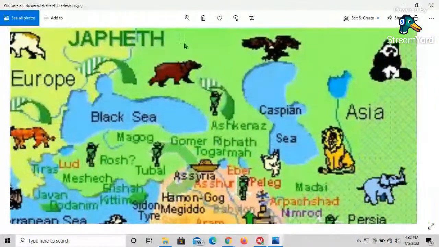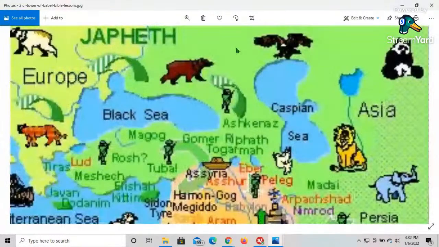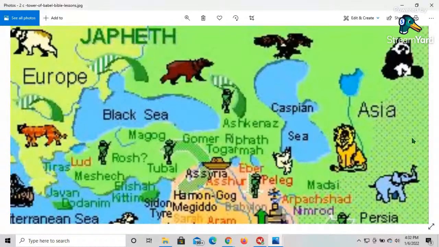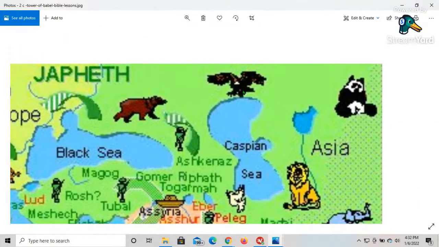Japheth is in Europe. Actually, Gomer is in Europe. Magog, Meshech, Tubal. Tubal went that way, and he went east as well, of course. Magog went east. Meshech went north. Magog probably went north too, and then turned back around the Caspian Sea and went east.